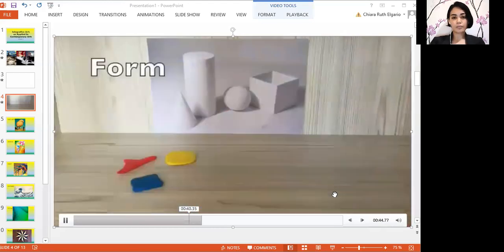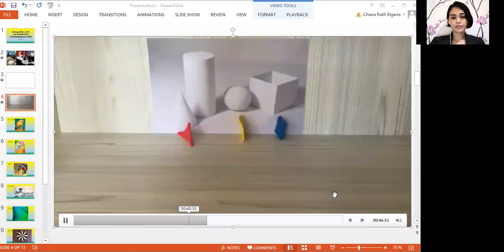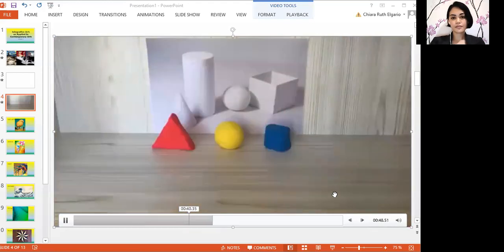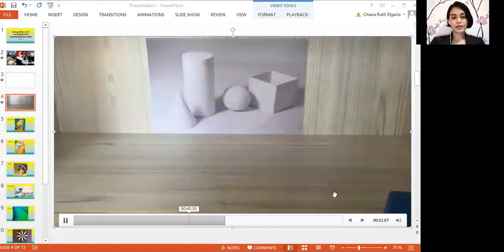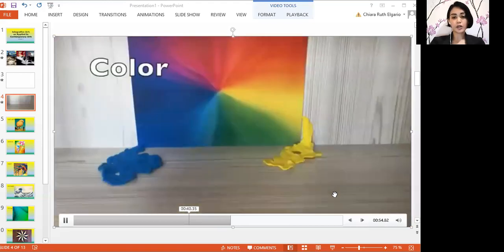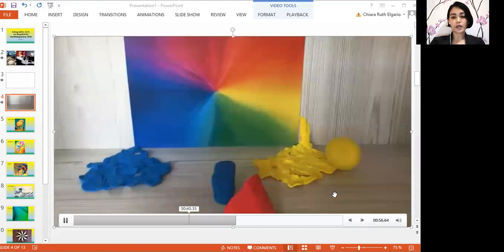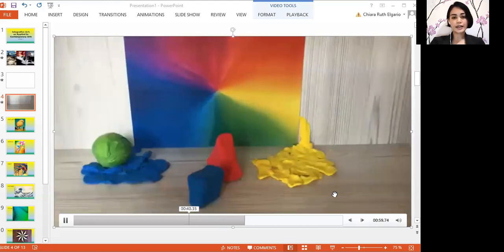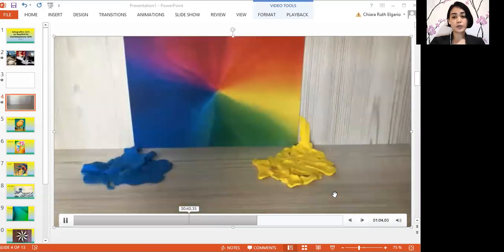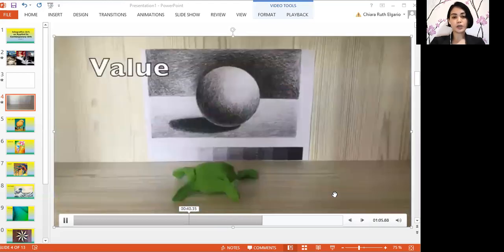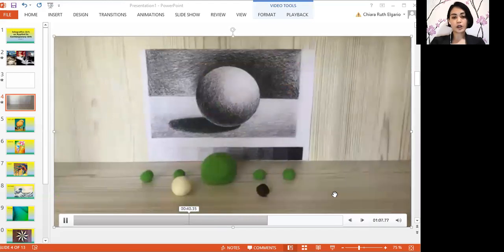Next is form. Form is three-dimensional, while shape is two-dimensional. Next is color. In visual arts, color is associated with the natural phenomenon in our environment. Scientifically, when light passes through a prism, it will produce different colors or different hues. And finally, value.